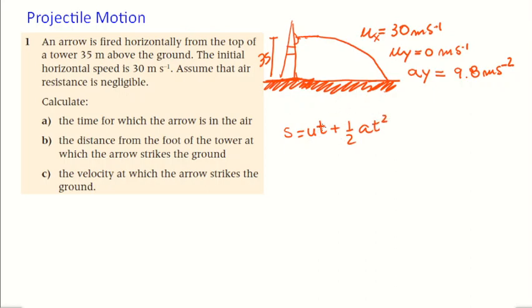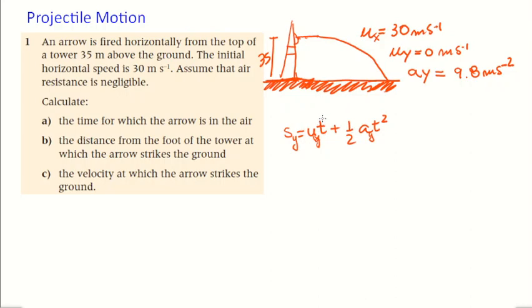I want to find the time. I know the acceleration and I know the displacement. Since I'm applying this for y, it's displacement in y and acceleration in y, because they will be different horizontally or vertically.